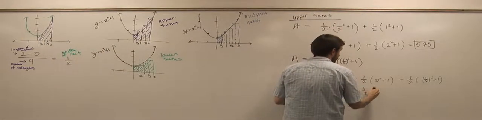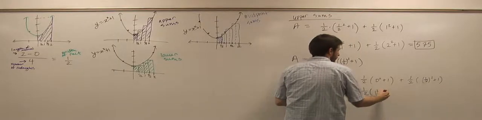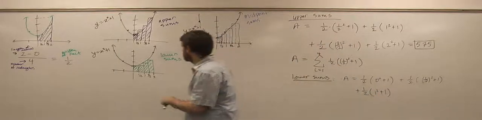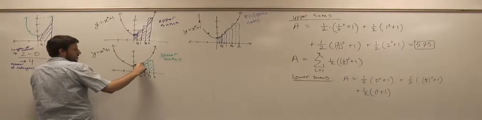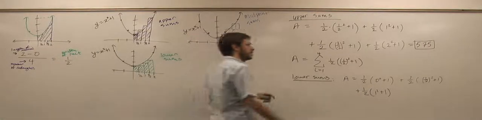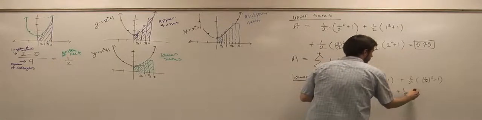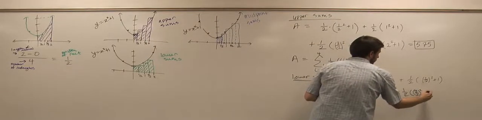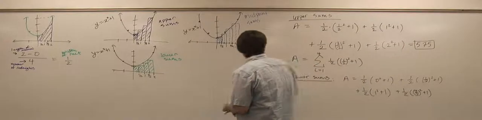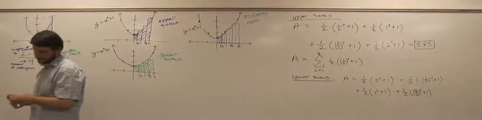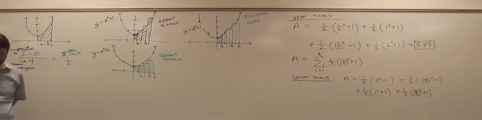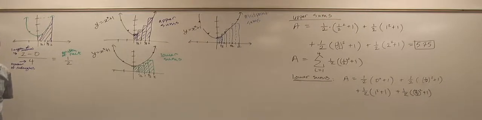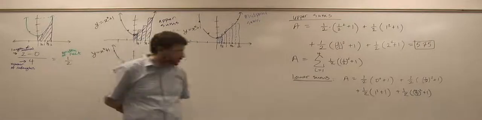Plus 1/2 times 1 squared plus 1, because on the third rectangle, the 1 goes up to the graph, and then 3/2 squared. I got 3.75.